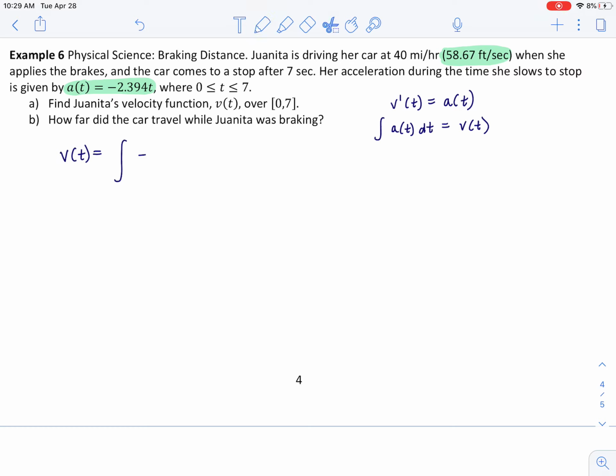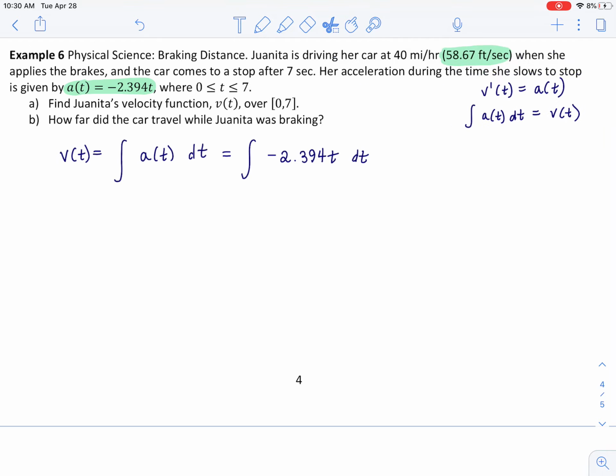So what's the acceleration function? Let me write what I'm integrating here. The integral of a of t dt equals the integral of negative 2.394 t dt. Now I'm going to use the power rule.